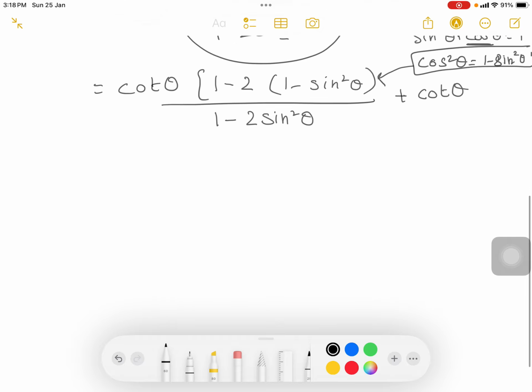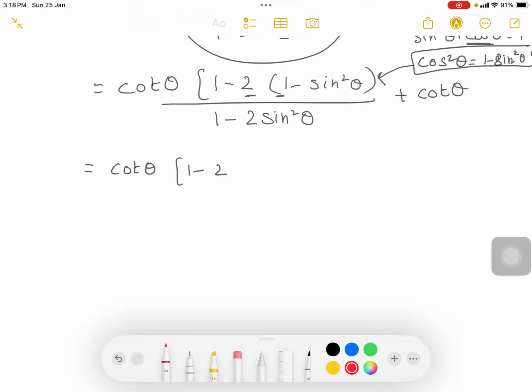Now in the next step I am going to just open the bracket. Cot theta (1 minus 2(...)), 2 is outside the bracket. Let's multiply this 2 with 1. 2 into 1 is 2. Now this 2 I am going to multiply with this sin square theta. Minus will give you plus.